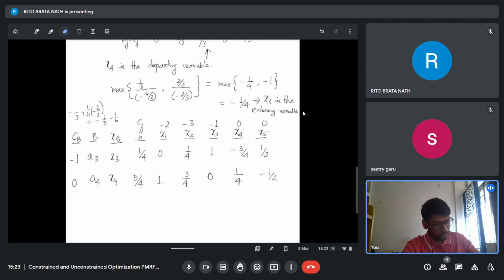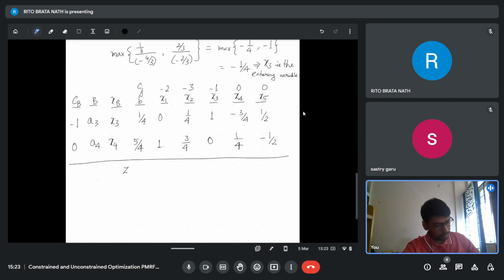Okay, so let's calculate the reduced cost values. For the first one, it's -1. Let me check again. Oh no, this is 0, so this is 2.